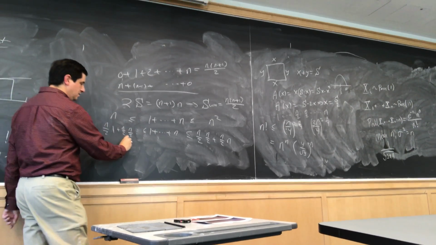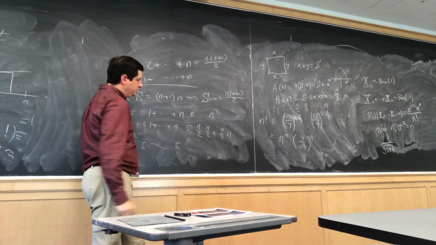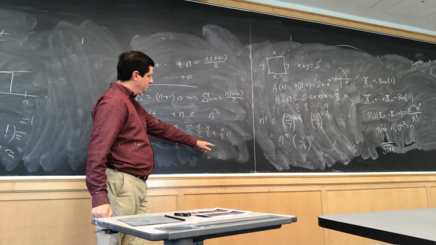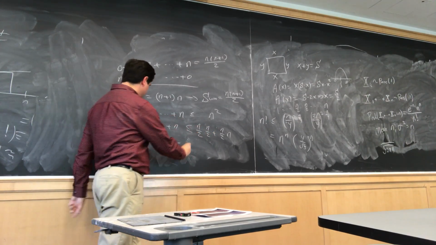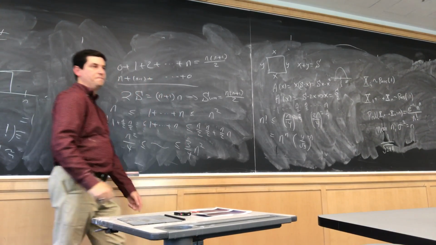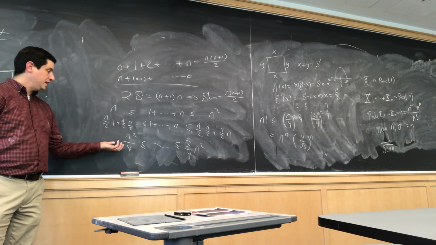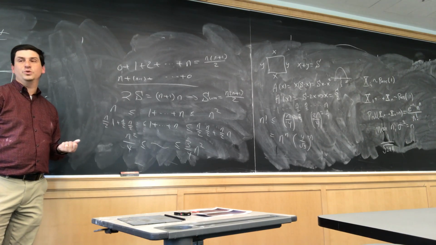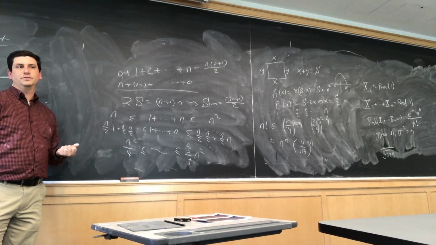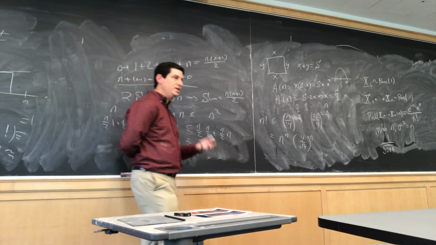And so I get n squared over 4 is less than or equal to the sum, which is less than or equal to n squared over 2 plus n squared over 4, so this would be 3/4 n squared. So the true answer is really about a half n squared. We've got it's between n squared over 4 and 3n squared over 4. That's not bad. We don't have the right constant factor, but we at least have the right order of magnitude.